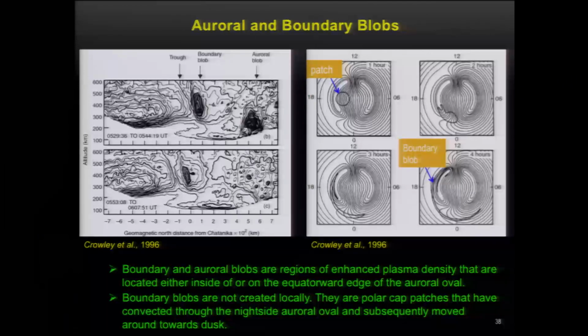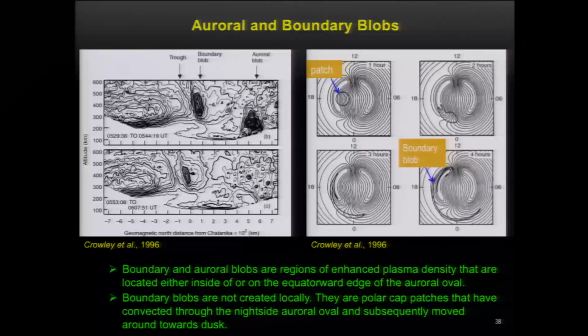Initially, the patch is like this circle here in the polar cap. As time goes on, the plasma would drift along the equipotentials here, and then they spread into both the dusk and the dawn convection cells, becoming those extremely narrow in latitude and longitudinally extended structures. This is called a boundary blob.